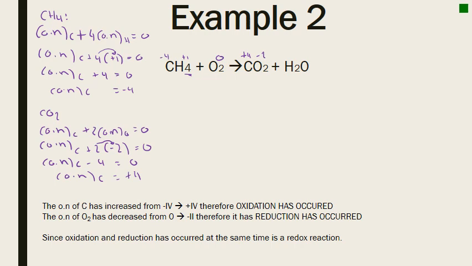Now for H2O, I'm going to do it this side. The oxidation number for hydrogen, there are 2 hydrogens, so we write it here, plus oxidation number for oxygen equals 0.